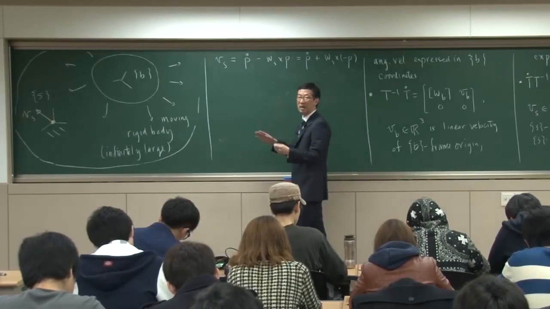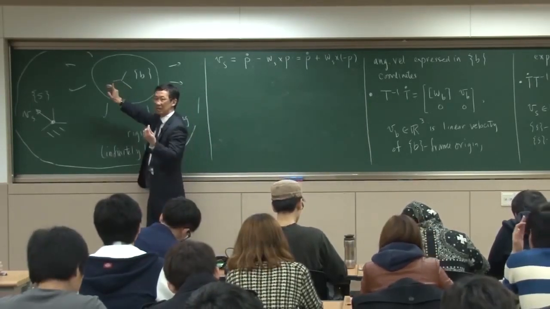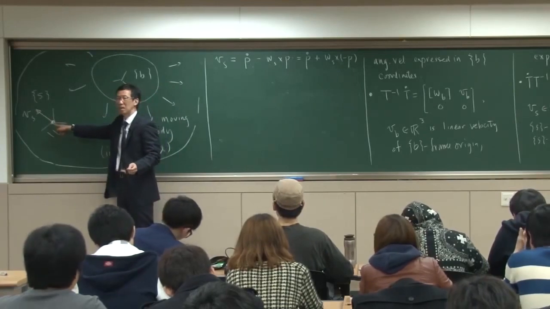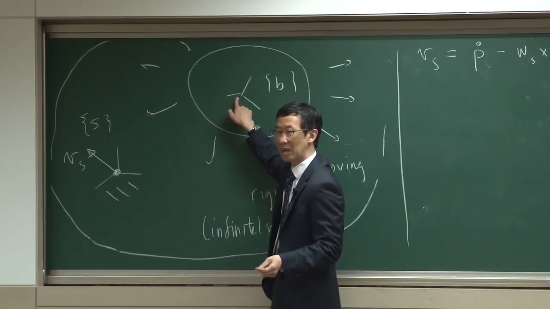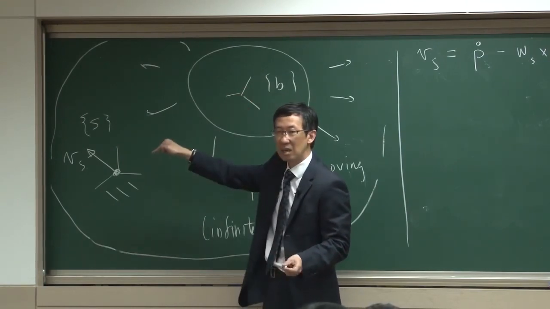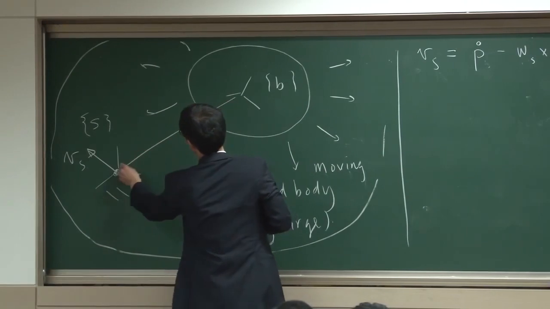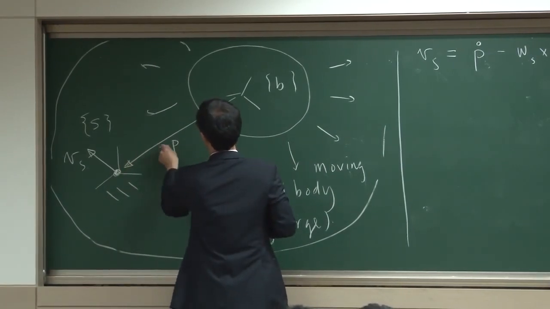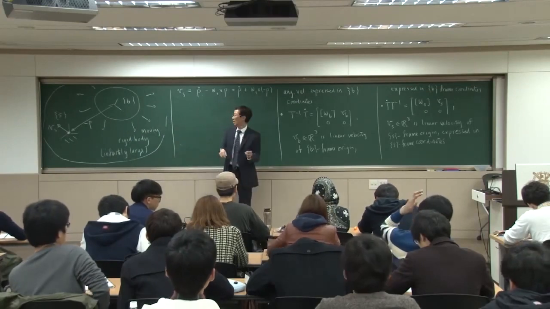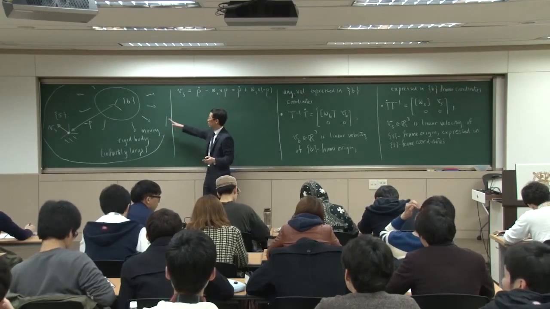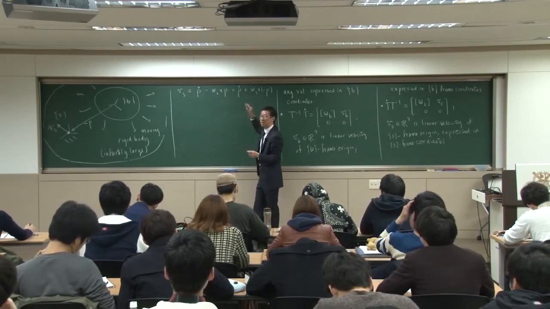If you think about what minus p is, p is the vector from the s frame origin to the b frame origin. So minus p is the same vector in the opposite direction. So the easiest way to understand this interpretation is to think about what this equation means.